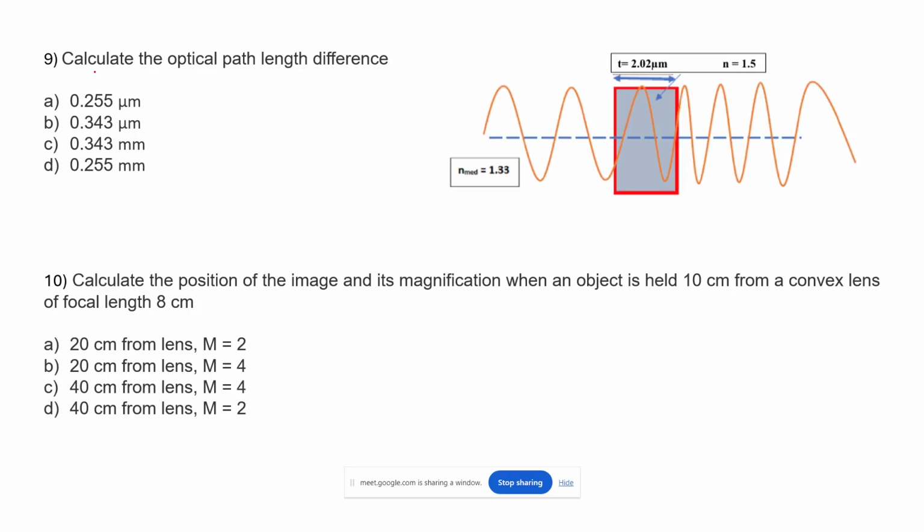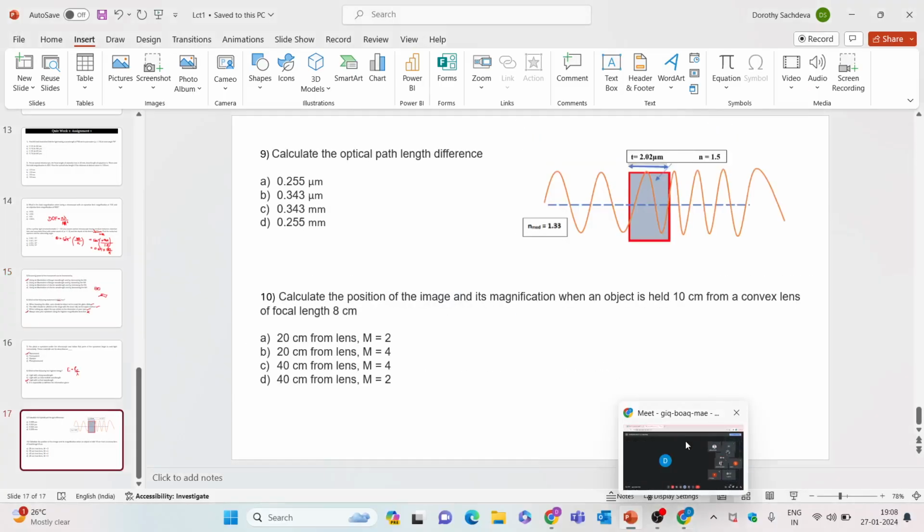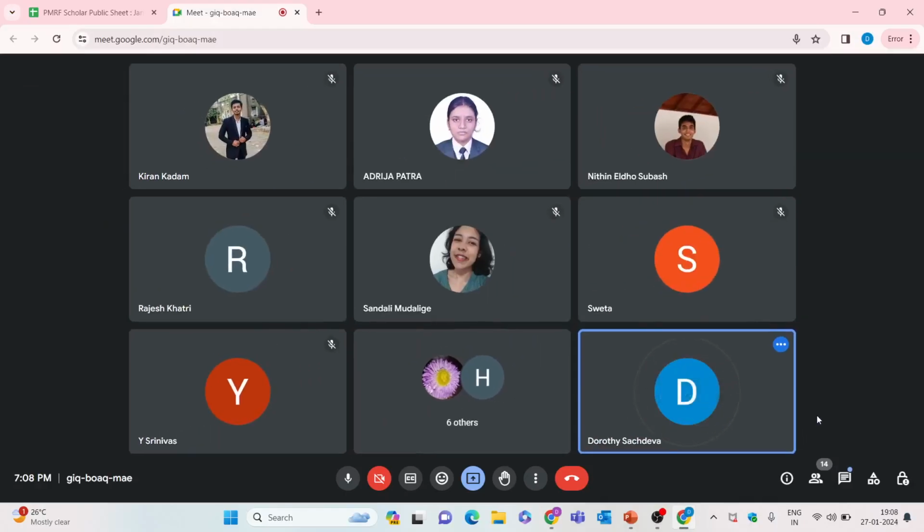Now we'll move to our final questions, where we need to calculate the optical path length difference. I guess the optical path length topic will be covered in the coming week.